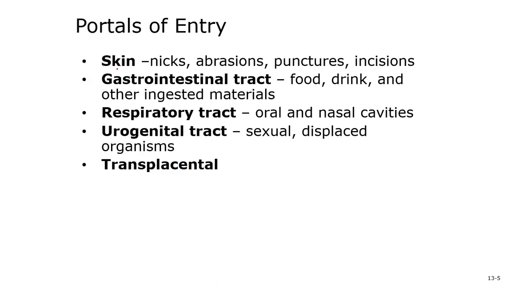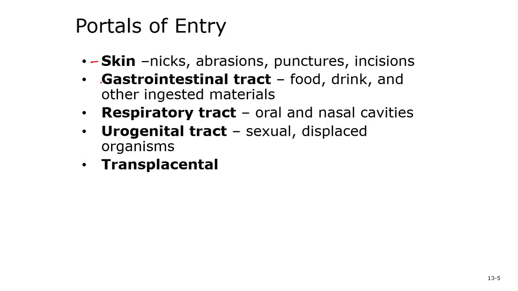So like I said, the portals of entry include skin. Bacteria don't have the ability to just go through your skin because your skin is very thick, it's very dry, there's antimicrobial substances. But anytime there's an open wound or like a bug or animal bite, this is how bacteria can enter through the skin.